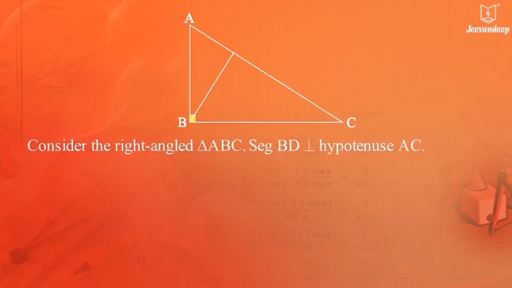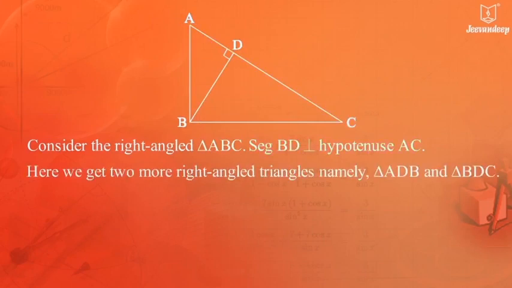Consider the right-angled triangle ABC. Segment BD is perpendicular to hypotenuse AC. Here, we get two more right-angled triangles, namely triangle ADB and triangle BDC.